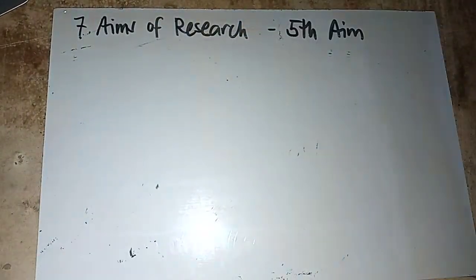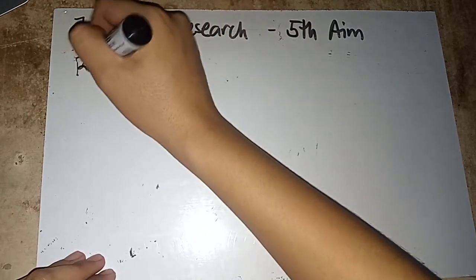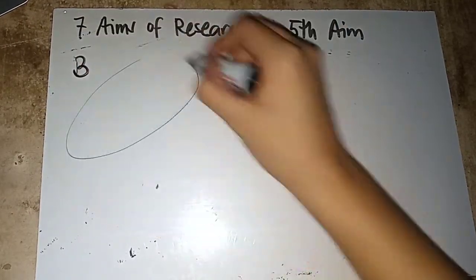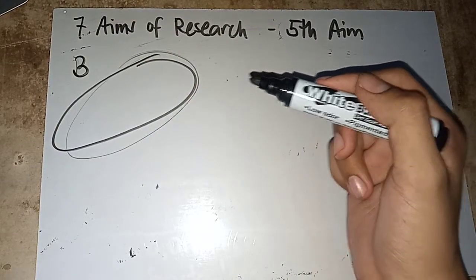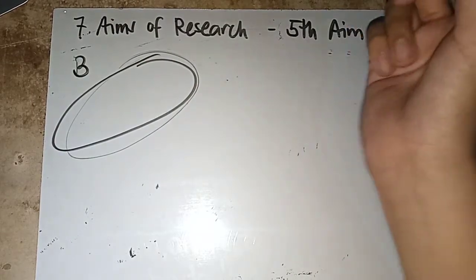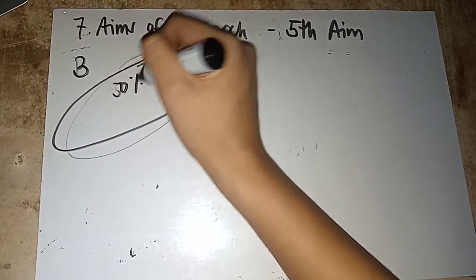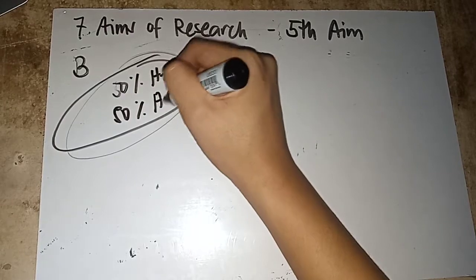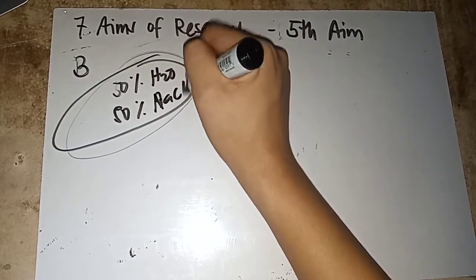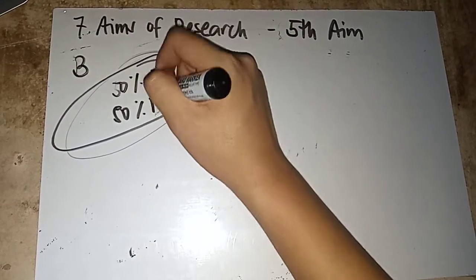So setup B. Suppose that the cell, this particular red blood cell, is still composed of 50% water and 50% sodium chloride, or salt, NaCl.